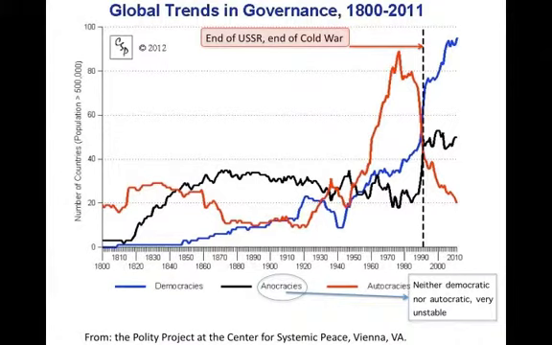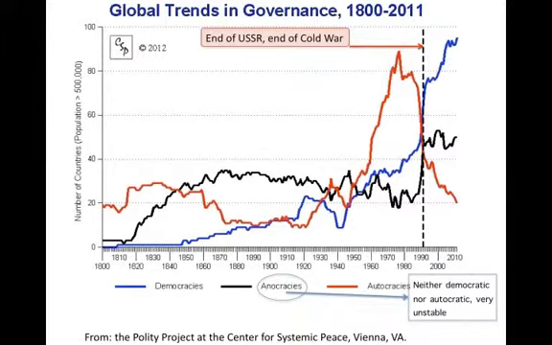And if you look at the graph here, the blue line is the number of democracies. The number of countries is on the y-axis, and the x-axis is time. The number of countries that have democracies is on a steady rise since the early 19th century. The number of countries that have autocracies is a little bit all over the place until the 1940s.